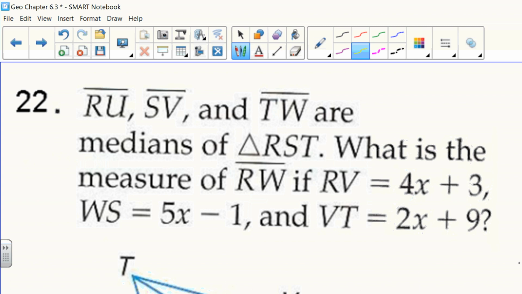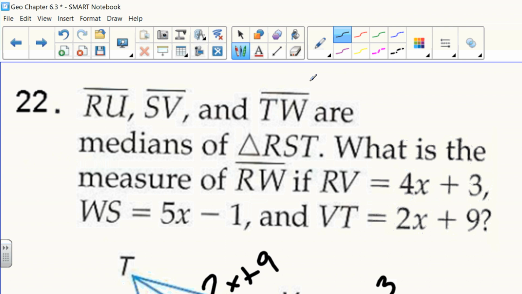RU, SV, and TW are medians of triangle RST. What is the measure of RW, if RV is 4x plus 3, VT is 2x plus 9, and WS is 5x minus 1? Well, what do we need to do? We need to solve for the value of x and plug it back in.